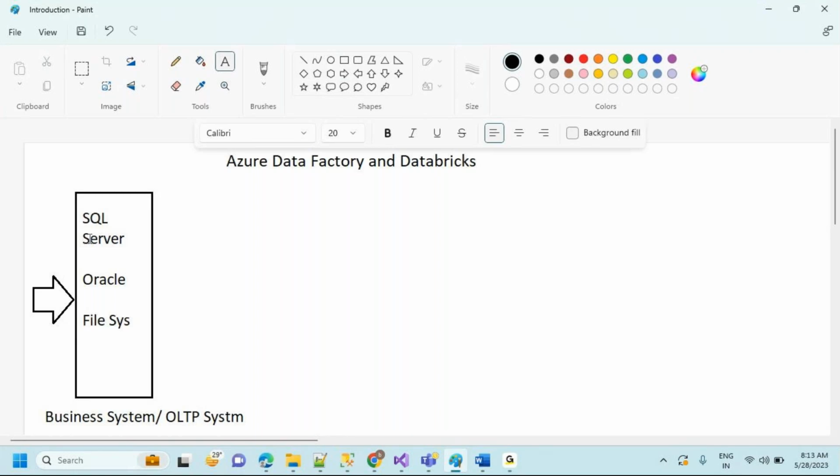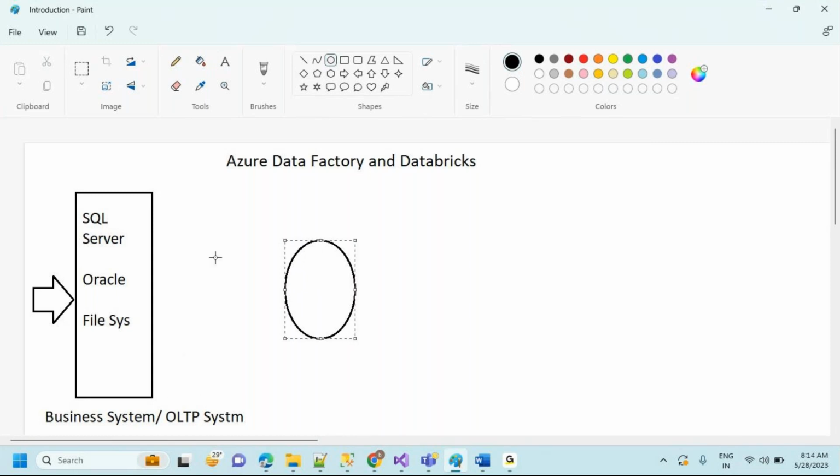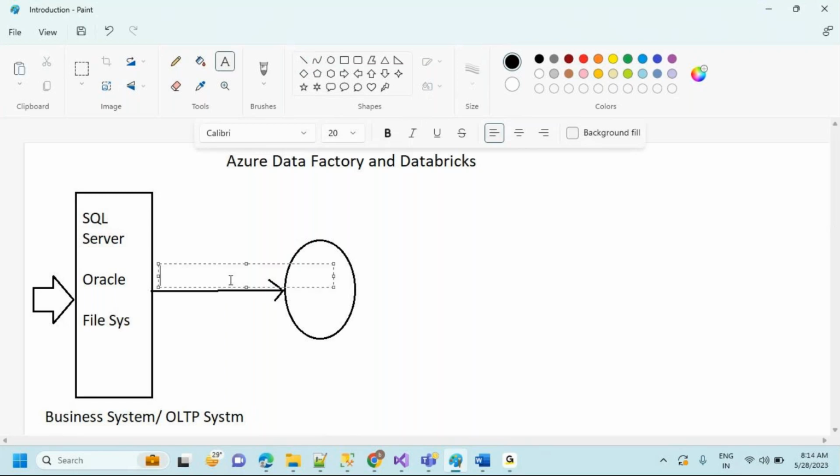You may have your business data in SQL Server, or in any other system, and you bring the data from there. The process of taking data from any of these systems, we call it extraction.